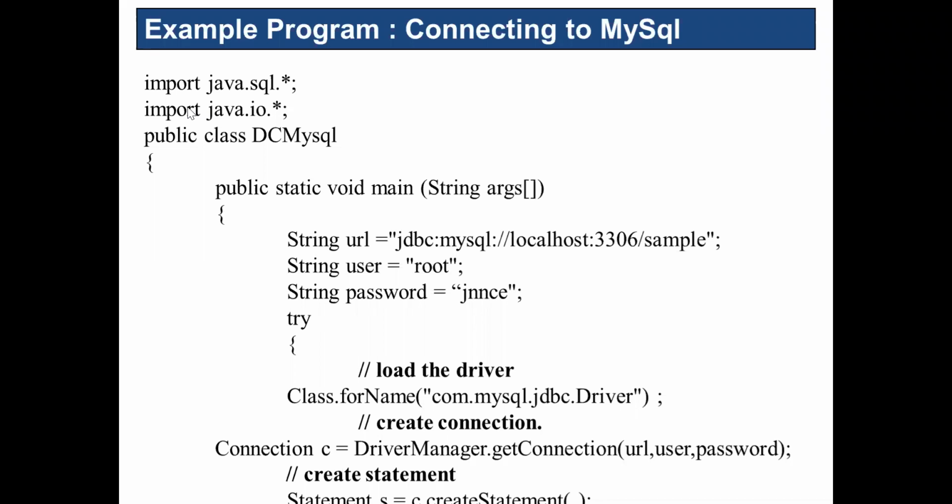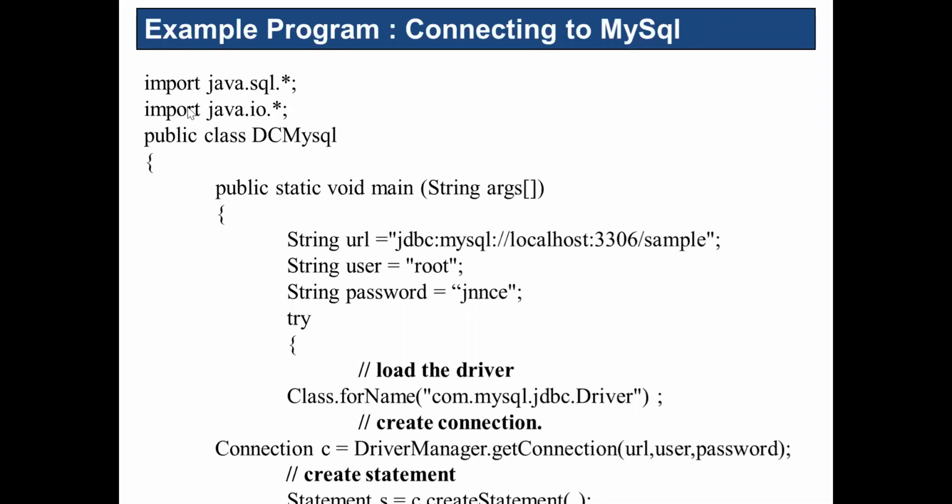The database uses MySQL, and it can be established using JDBC. This establishment we have to define in the URL as a string. Then I have to create a username and a password; the username is root and the password is JNNCE.